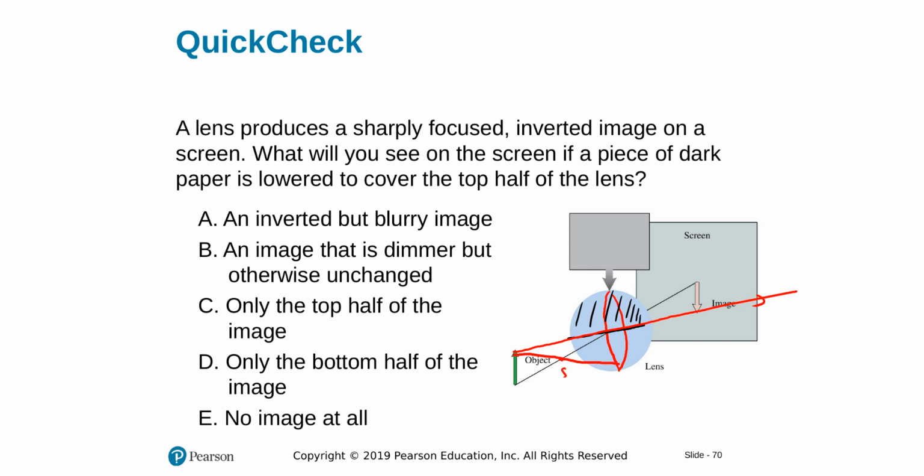Assume this is the focal point. And it will refract as parallel, so I can still have an image here. But if there was no coverage, there would be many more of those rays passing from the top side as well. Now they can't pass. The image will be dimmer, but still I will have my image there, which is the answer.